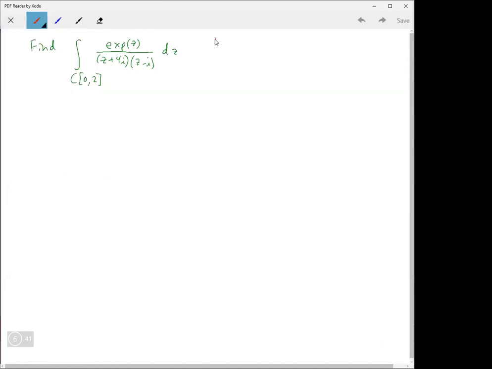Okay, so the first thing. In the picture, I want the circle of center 0 and radius 2, centered at the origin. I'll put a couple of points there to make it look legit.